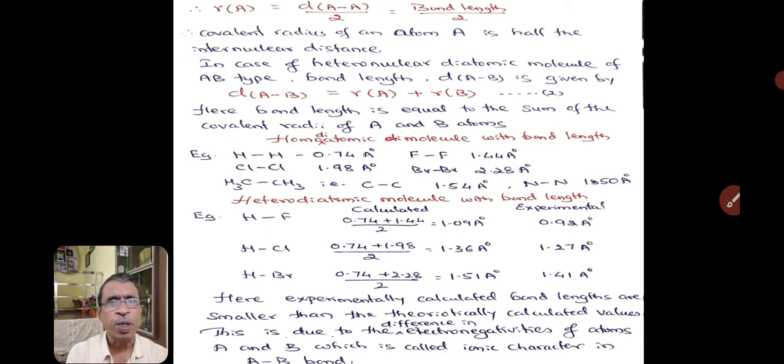In the case of HBr, the calculated value is 1.51 angstrom and the experimental value is 1.41 angstrom. This shows that experimentally determined bond lengths are smaller than the theoretically calculated values. This is due to the difference in electronegativities of atoms A and B, which is called ionic character in the AB bond.